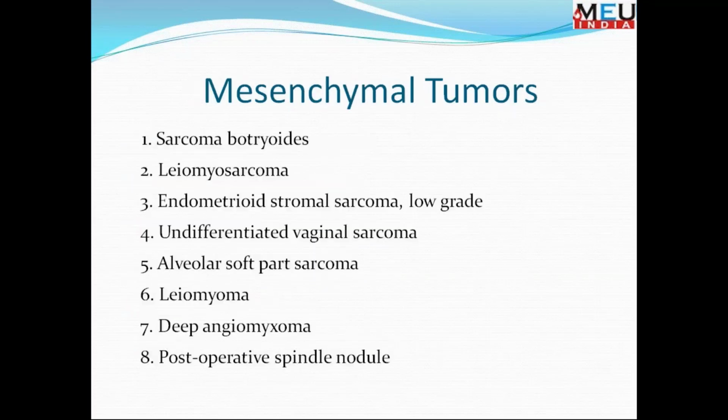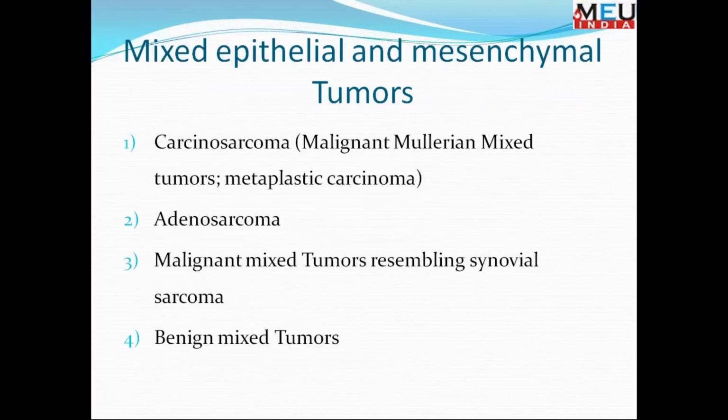The mesenchymal tumors, we will not be taking in detail today. They include sarcoma botryoides, leiomyosarcoma, endometrioid stromal sarcoma, undifferentiated vaginal sarcomas, alveolar soft part sarcomas, leiomyomas, deep angiomyxomas, and postoperative spindle nodules.